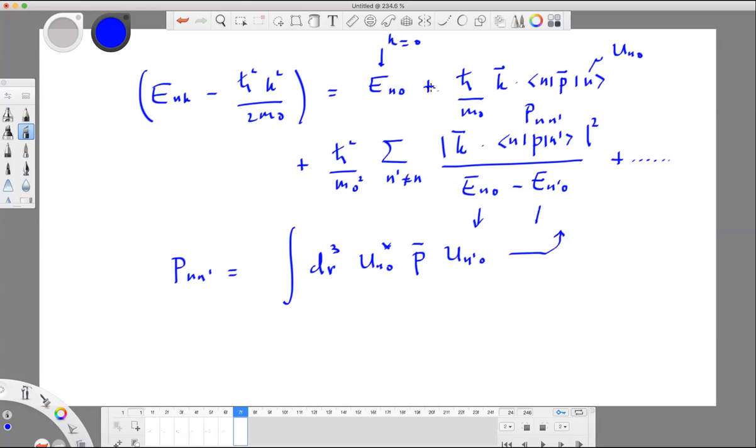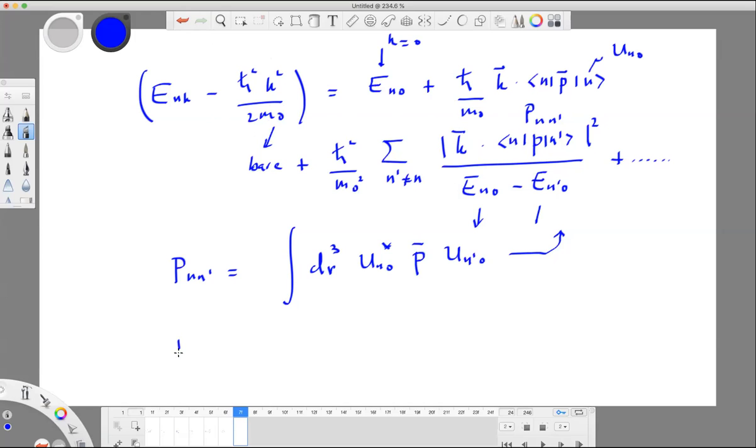Here we're going to have the basic, unperturbed value of the bare electron mass. This is the bare electron. And then we're going to get other contributions to the k squared term, which is going to modify this.